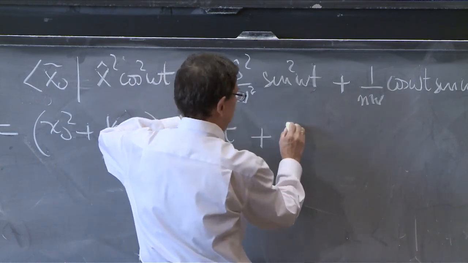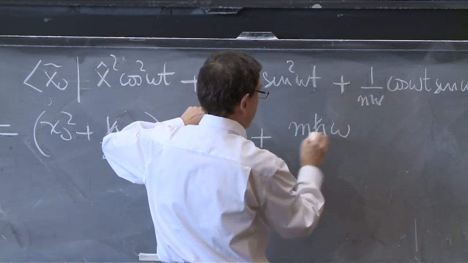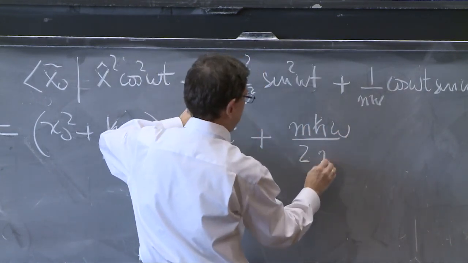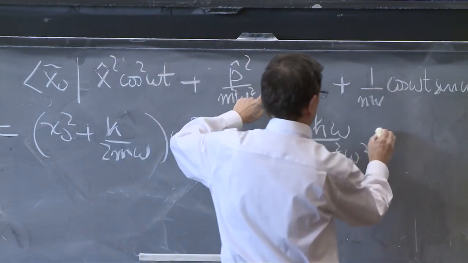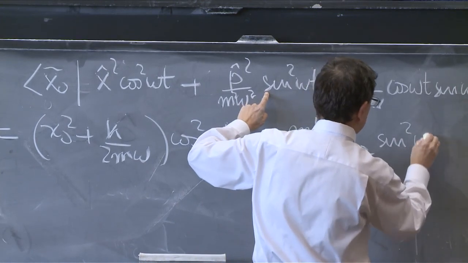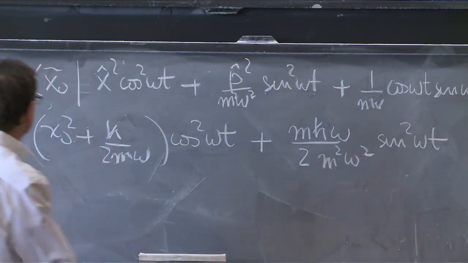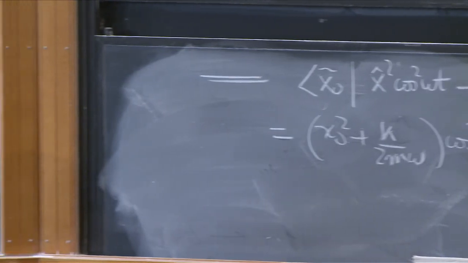So p squared is m h bar omega over 2, and then you have m squared omega squared sine squared omega t.